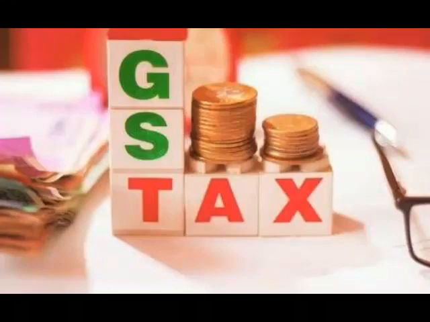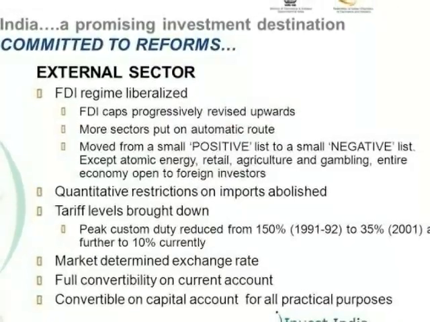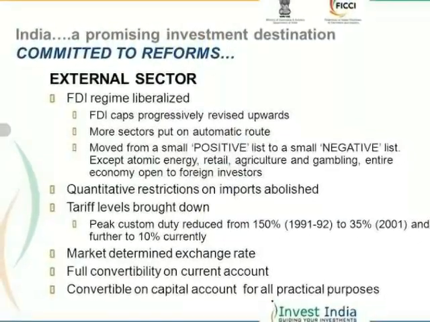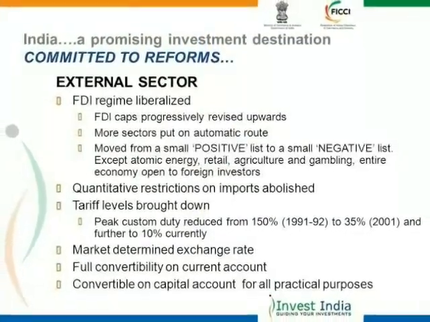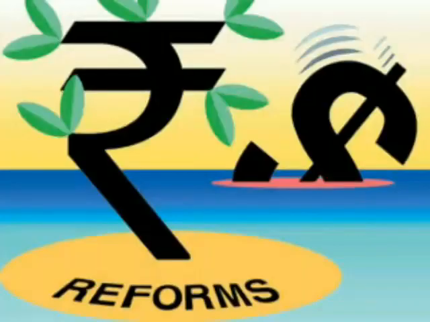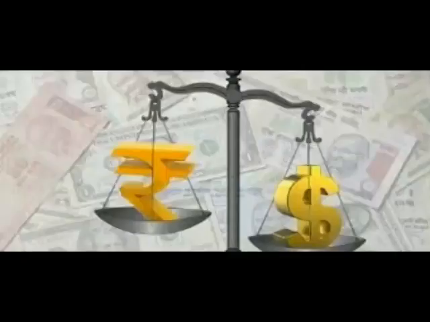Now the last but not the least sector which got the benefit from liberalization is external sector reforms, which includes foreign exchange reforms and foreign trade policy reforms. Foreign exchange reforms were initiated in 1991 with the devaluation of the Indian rupee against foreign currencies. But what is devaluation of currency?